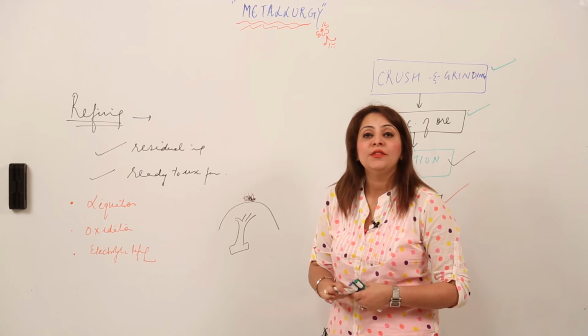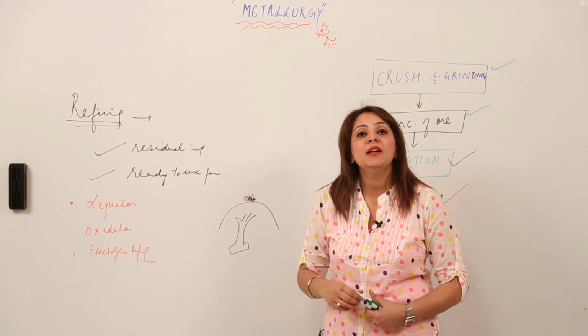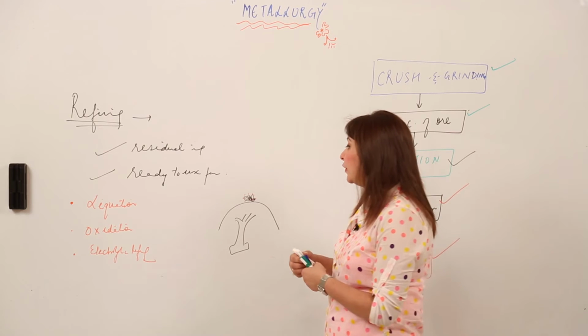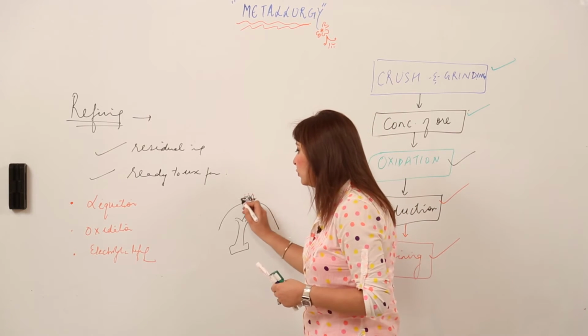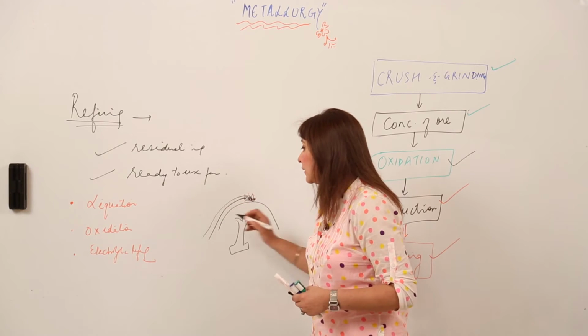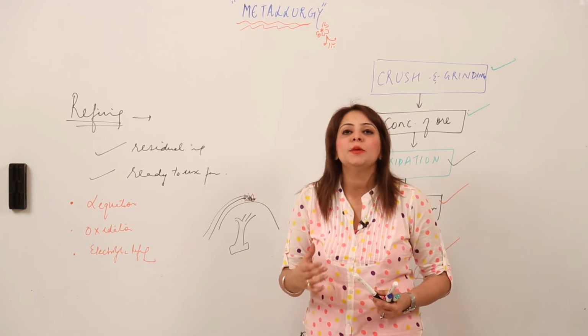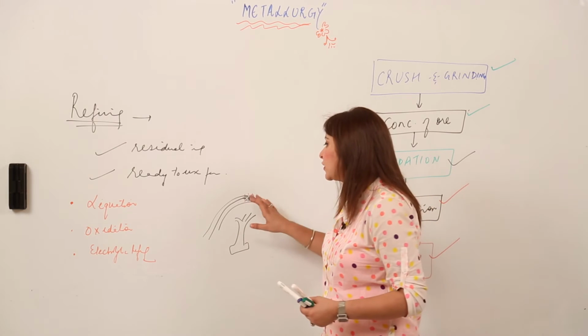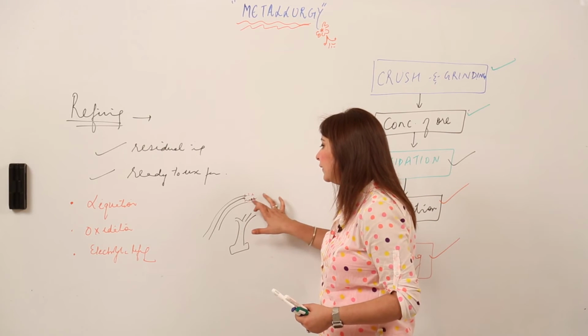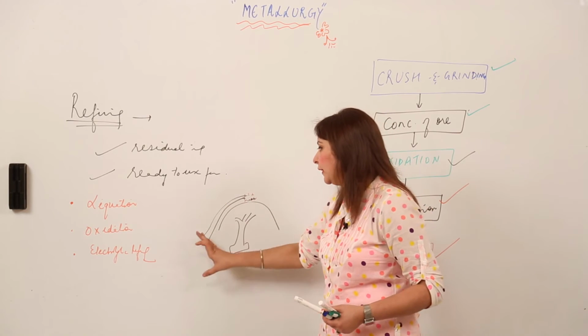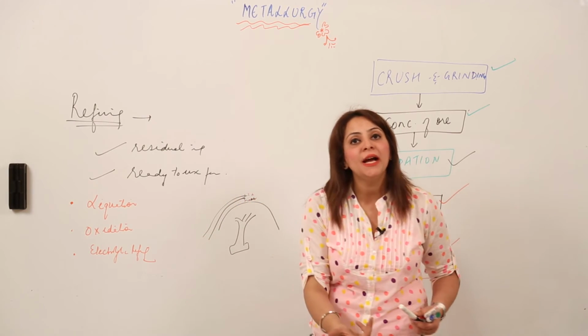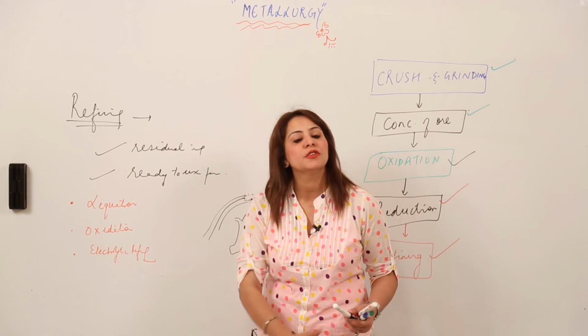So when we apply heat, the metal is going to melt and flow down from the slope. But the impurities, as they have a melting point higher than the metal, are not going to melt and will stay behind on the slope. So the metal flows and the impurities are left behind. This is the liquation method.